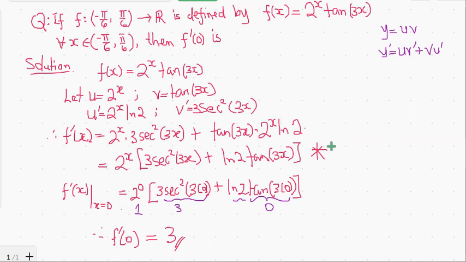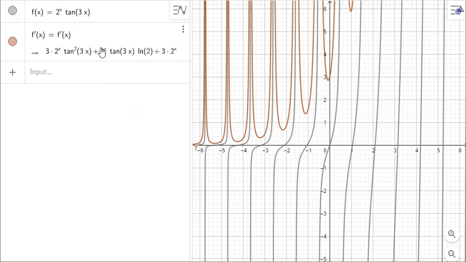Of course, no. Remember that there is a trigonometry identity, sec squared x is equal to 1 plus tan squared x. So when you substitute this trig identity into this derivative over here, you should arrive at exactly the same answer as this.